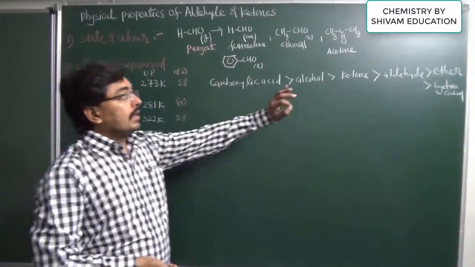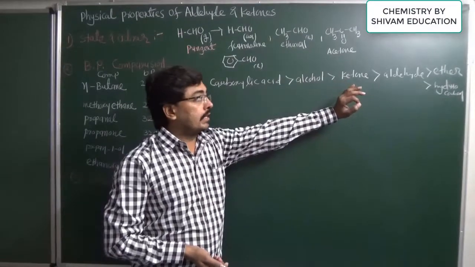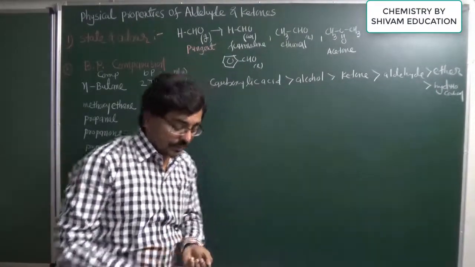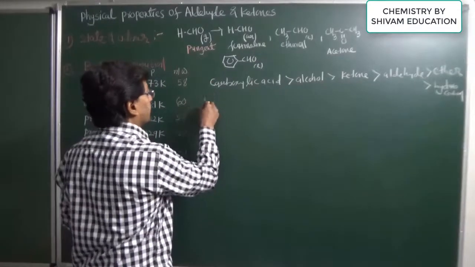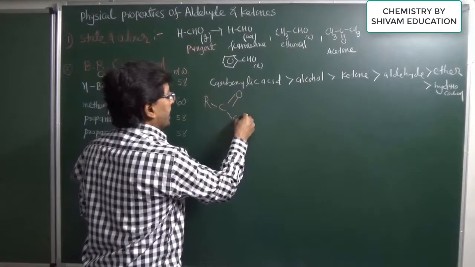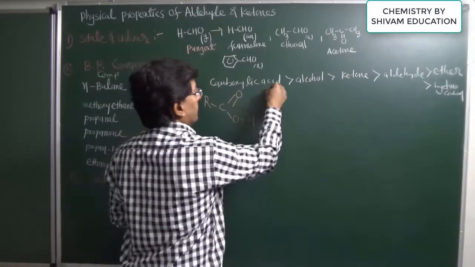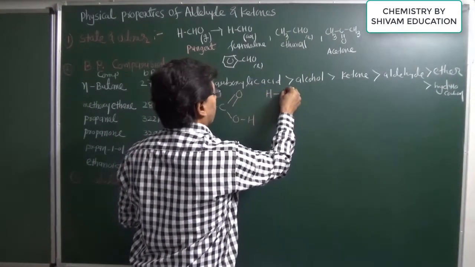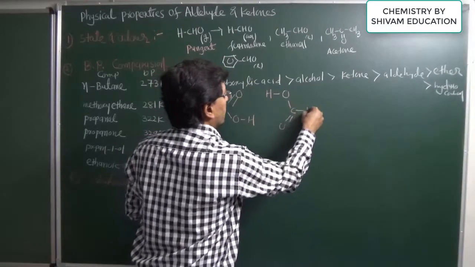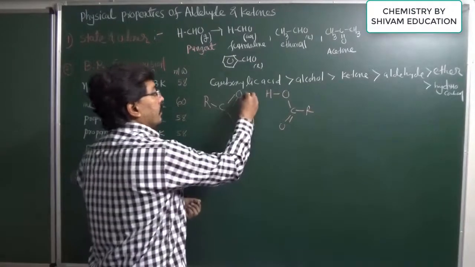Why is the boiling point of ketone and aldehyde less as compared to carboxylic acid? In the structure of carboxylic acid, it has a tendency to form a hydrogen bond. Two molecules of carboxylic acid have a tendency to form a hydrogen bond, so there will be an intermolecular hydrogen bond.